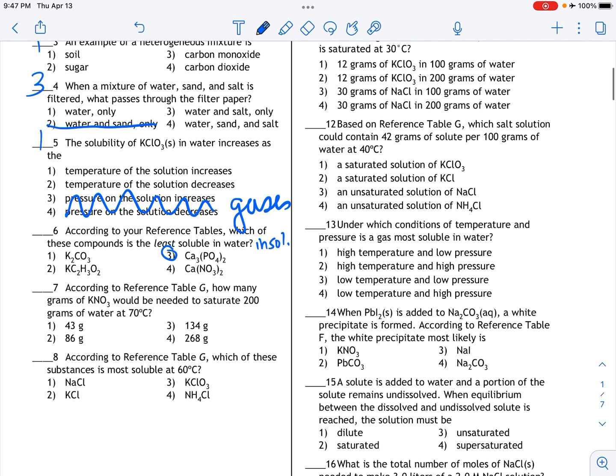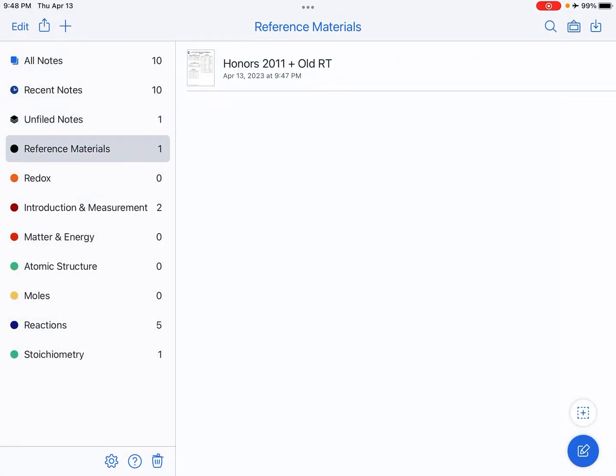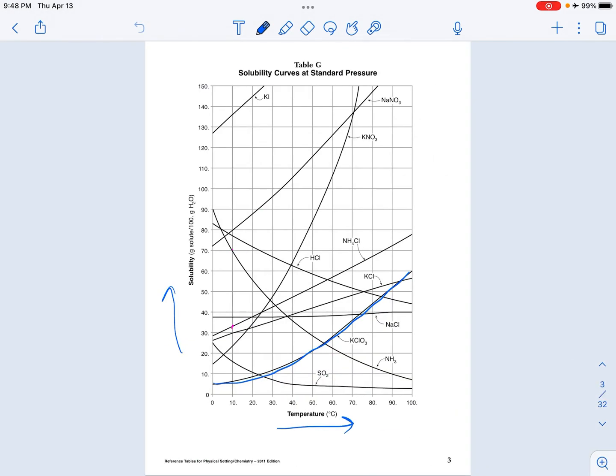According to reference table G, how many grams of potassium nitrate would be needed to saturate 200 grams of water at 70 degrees Celsius? Okay, so back to table G. So 70 degrees, KNO3, all the way up here.